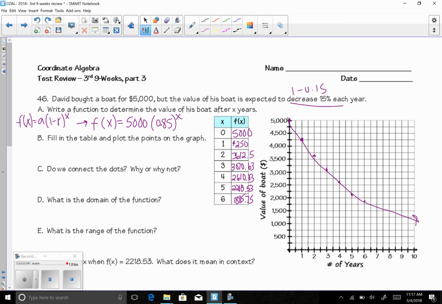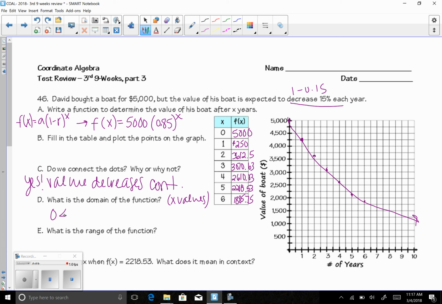All right, so do we connect the dots? Why or why not? The answer would be yes, because the value is decreasing continuously. Okay, so the domain is x values, remember, from left to right. We're starting at 0, and it's going to just keep decreasing.